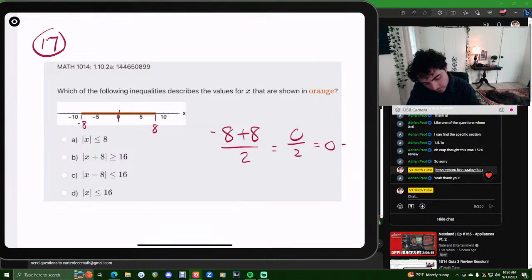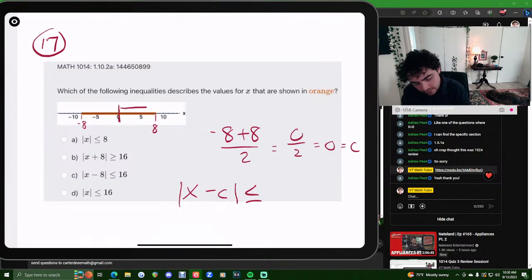So if 0 is the center, we always want to see the absolute value of x minus the center. The next thing we look for is that absolute value should be less than or equal to whatever the radius of the interval is, or the half length of the interval. It's like the distance from the center to the outer boundary, the outer endpoint.